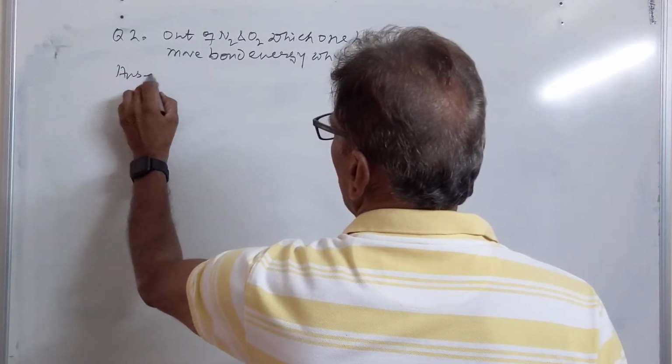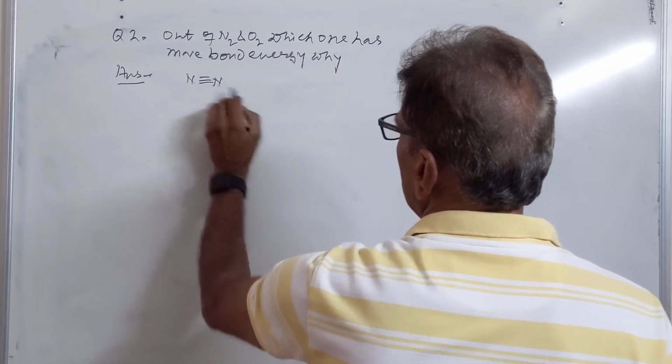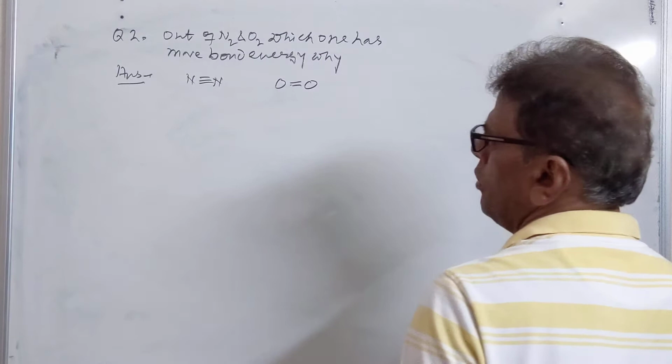Answer: we know the structures of oxygen and nitrogen. Nitrogen has 3 bonds between the 2 nitrogen atoms, oxygen has 2 bonds, a double bond.